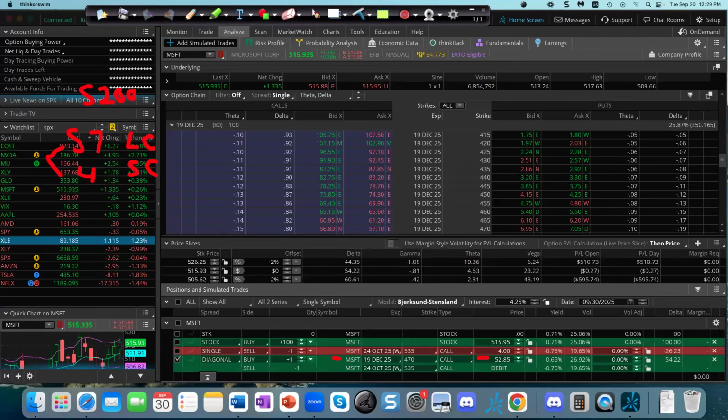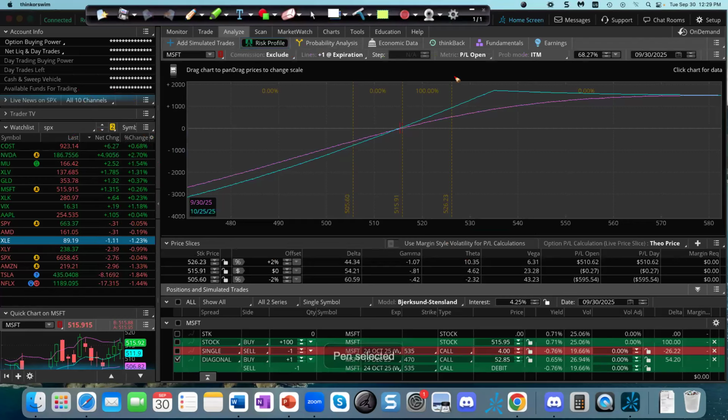That's our capital, right? So if we go up, folks, on a best case scenario, if we go up to around 535, you can see this diagonal will be up around 1,700, almost as much as the covered write. But the best thing is, covered write, you're maybe up $2,400, but you're putting up $52,000.